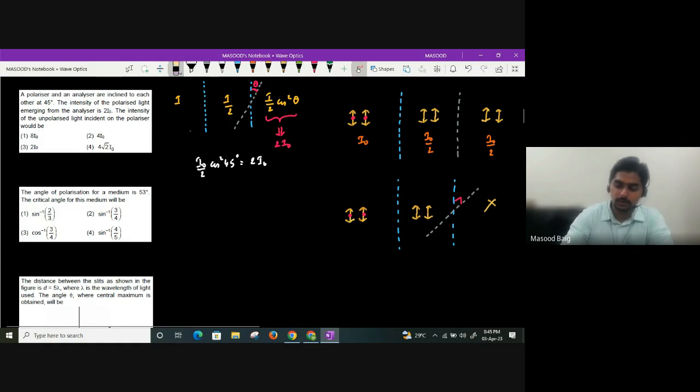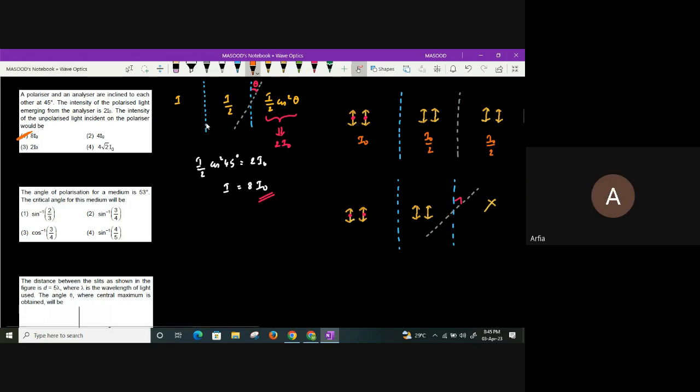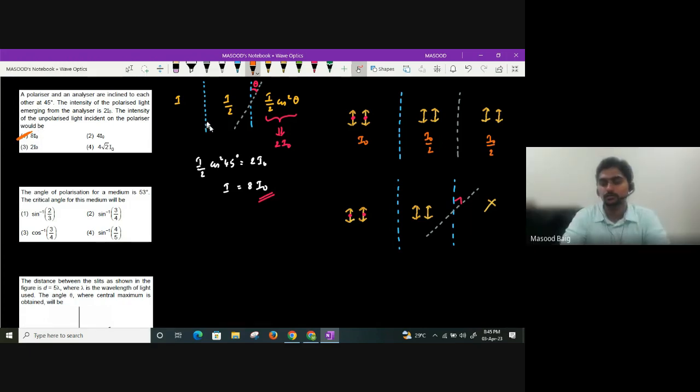What is cos square 45? Cos 45 is 1 by root 2, so cos square will be 1 by 2. So I by 4 equals 2I0, and you will get I as 8I0. Is this clear? I hope you have understood, all of you.